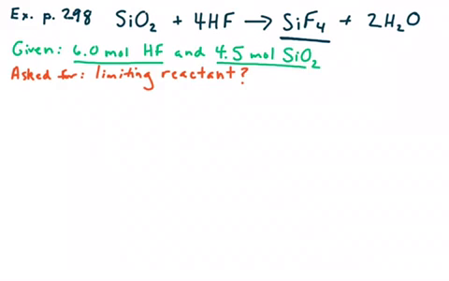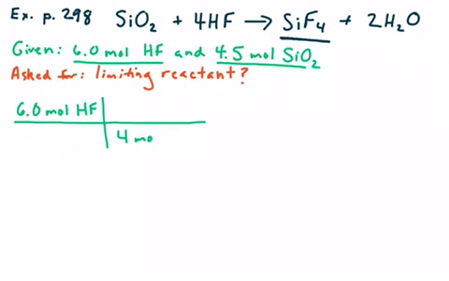What we're going to do is see, if we start with the amount of each reactant, how much silicon tetrafluoride will be produced. Let's do HF first. We'll start by writing what we're given, 6 moles of HF. Anytime we're comparing different compounds, we have to use the mole ratio from the balanced chemical equation.